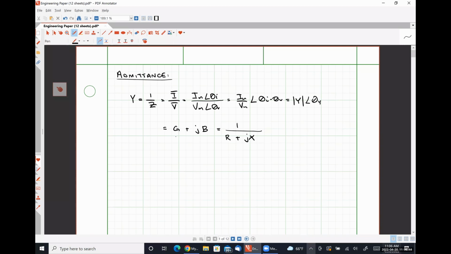G is known as the conductance, and it represents the real part of the admittance.